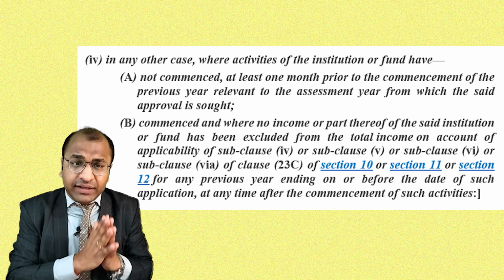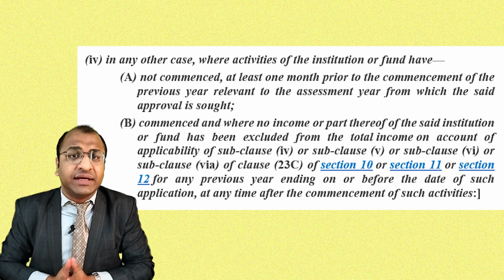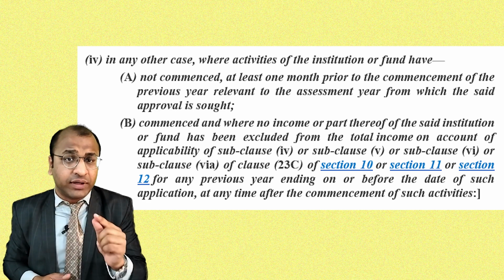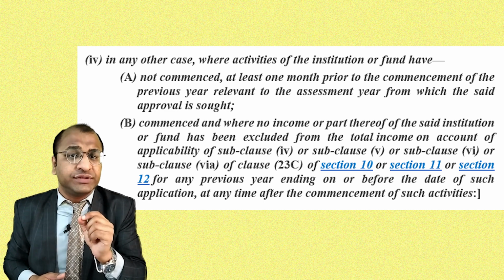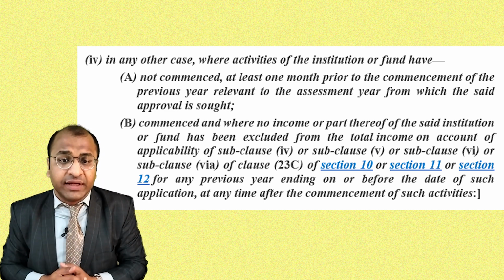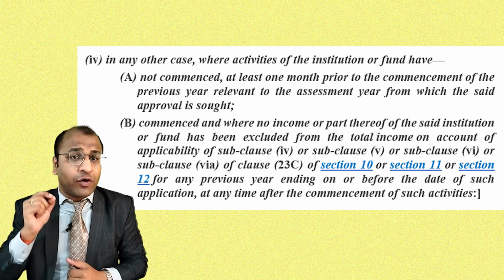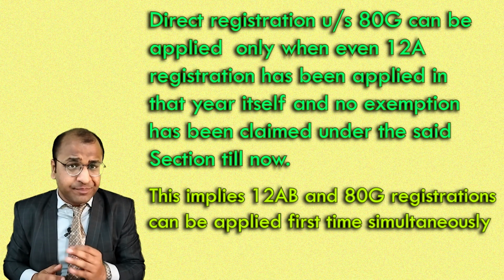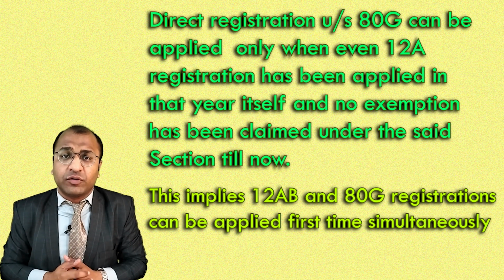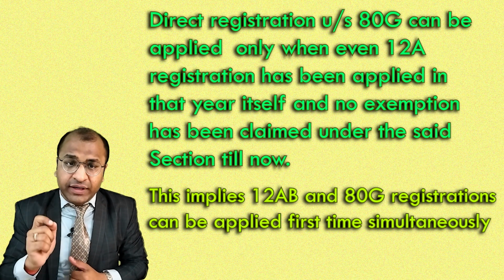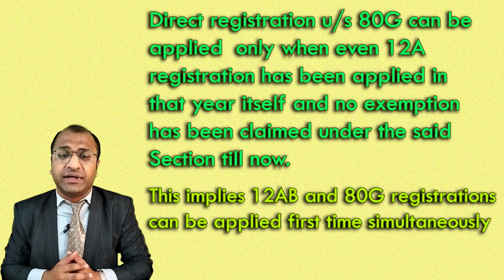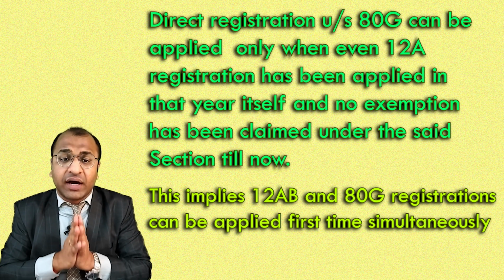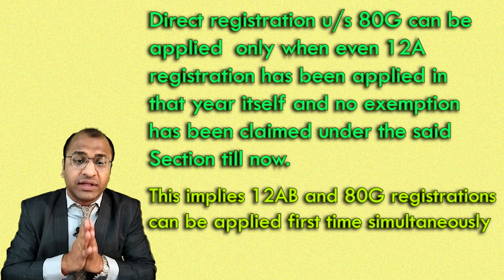Similarly, item B has also been added in section 80G subsection 5, but here there is one catch. If you read the provisions carefully, which is there on the screen, it will be clear that if the organization wants to register itself first time under section 80G, it can apply under the section code 14A only when even 12A registration has been applied in that year itself and no exemption has been claimed under the said section till now.